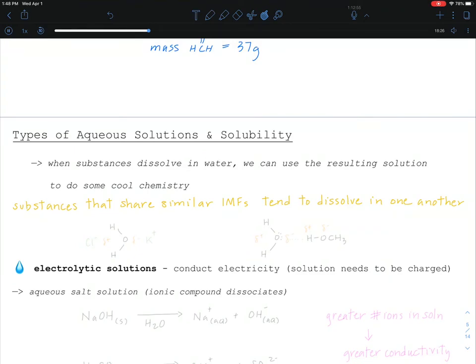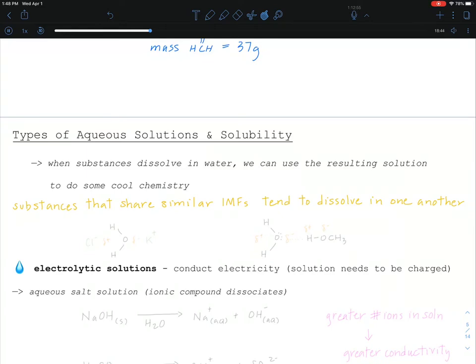Substances that share similar intermolecular forces have a tendency to dissolve in one another. And we've already covered intermolecular forces, right? We know that things that only have dispersion forces, so typically non-polar solutes, are not going to be soluble.